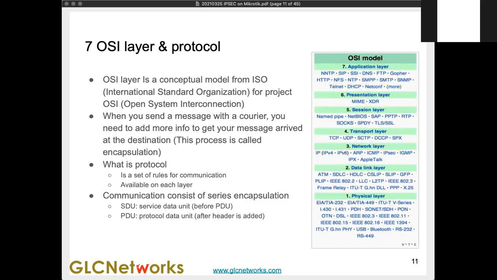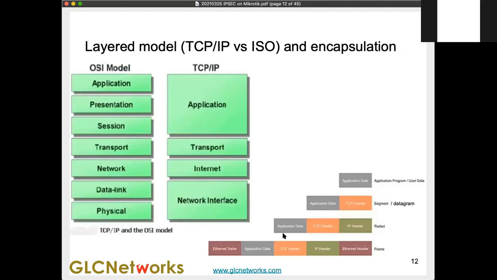So just for review. Because we have layered communications, each layer is responsible for one function. And during the communication, we will do the encapsulation.